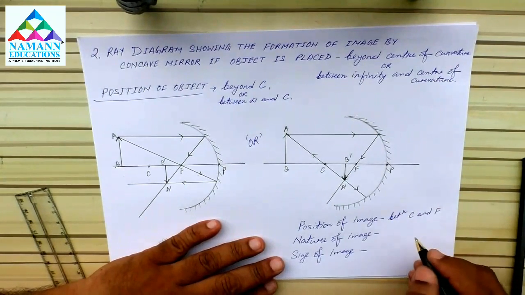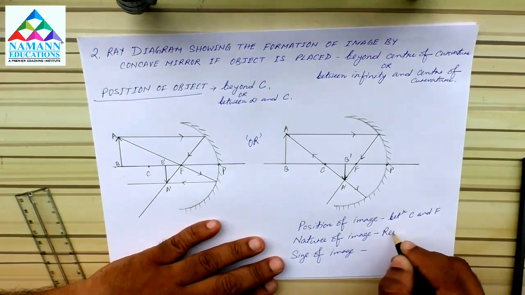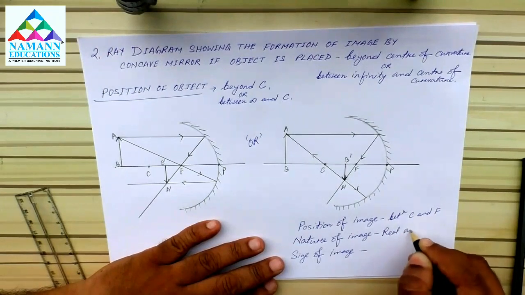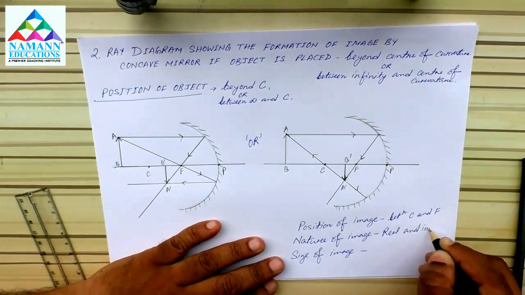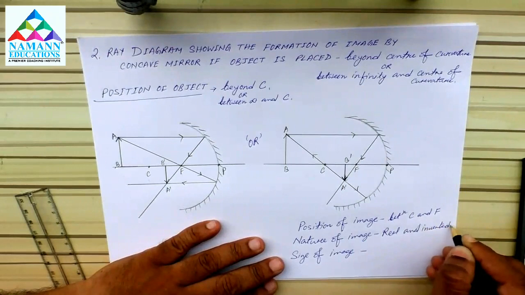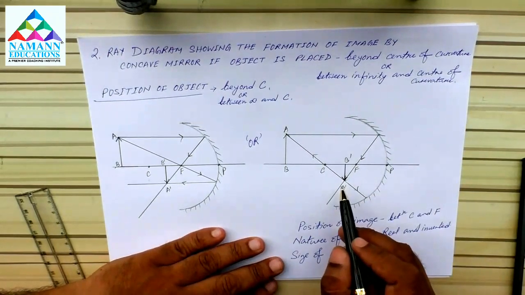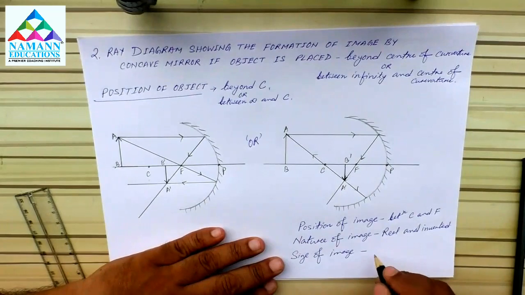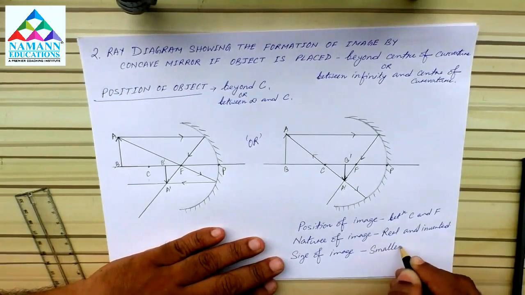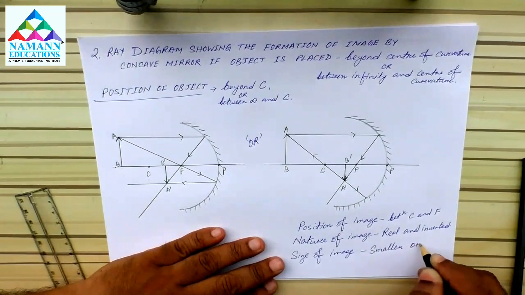The nature of image is real and inverted, upside down. And why real? Because light rays actually intersect after reflection, and size of the image is smaller or diminished.